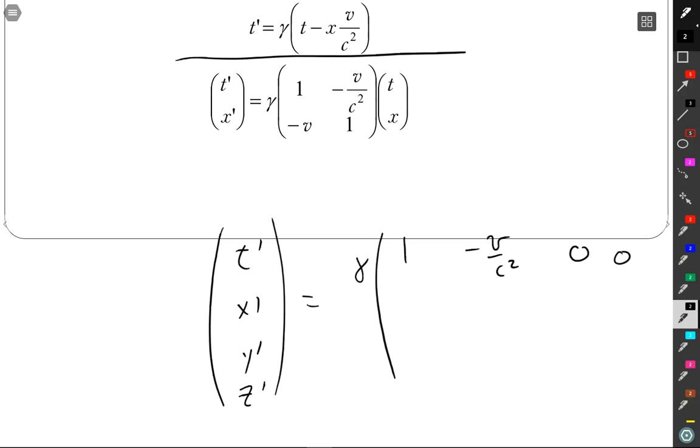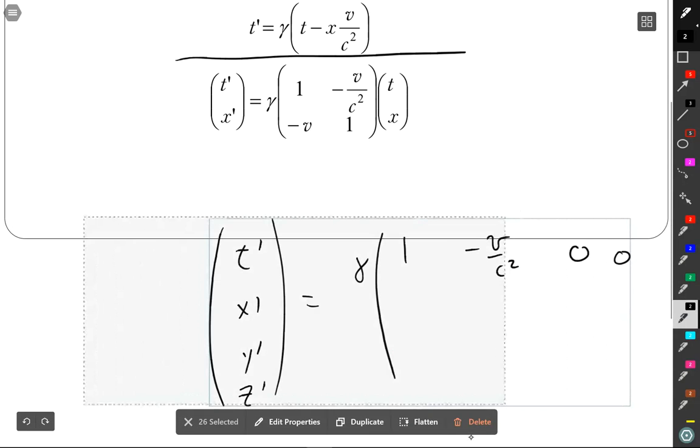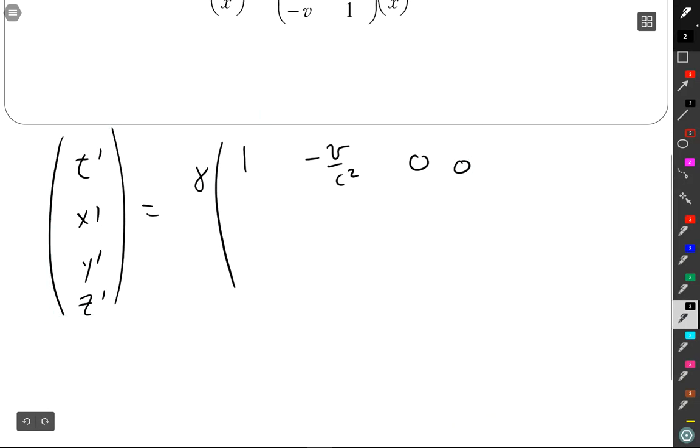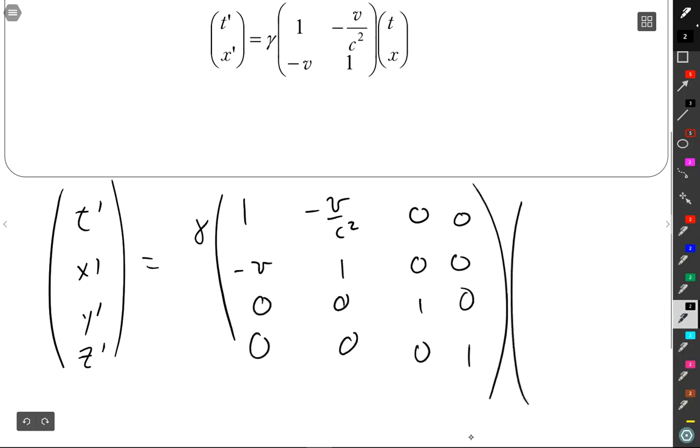Well, I will shift it now while I'm thinking about it instead of waiting to the end. Minus v 1 0 0 0 0 1 0 0 0 0 1, times t x y z. That's a perfectly good transformation matrix.